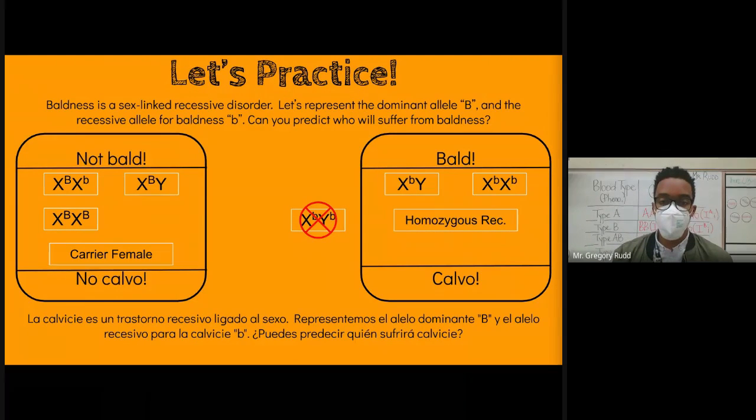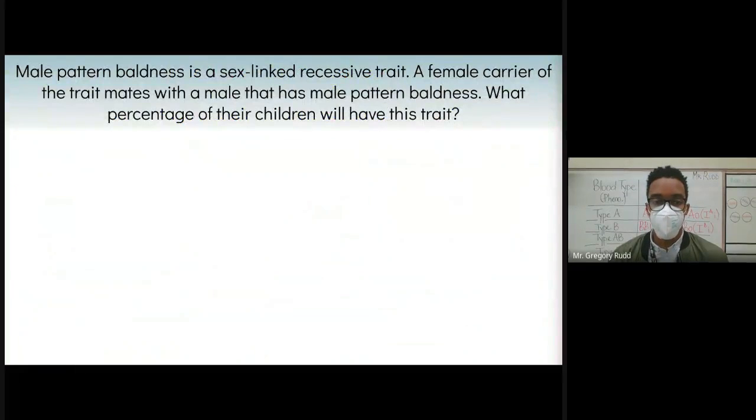That's a homozygous recessive male on the left and a homozygous recessive female on the right. All right, so anytime we see a dominant allele, as we can see in the not bald bucket, it's going to hide that recessive allele. It masks the recessive allele, okay? So we've got to be careful with that.